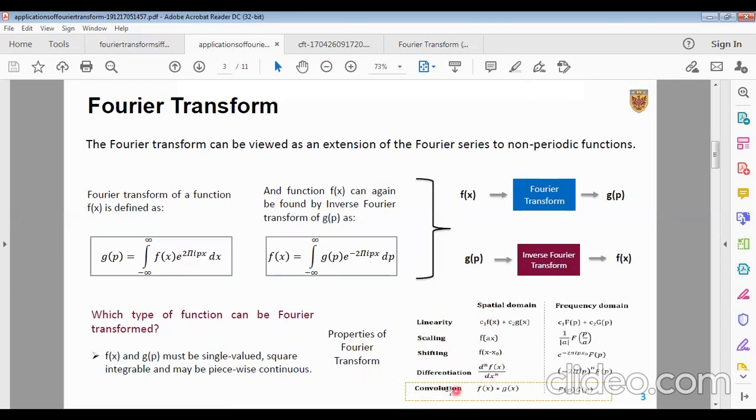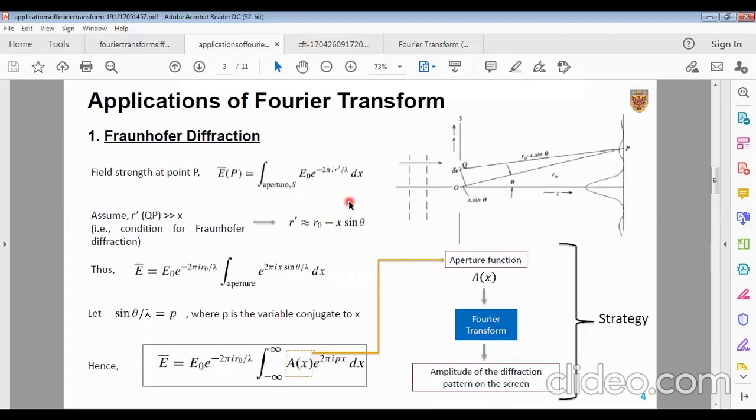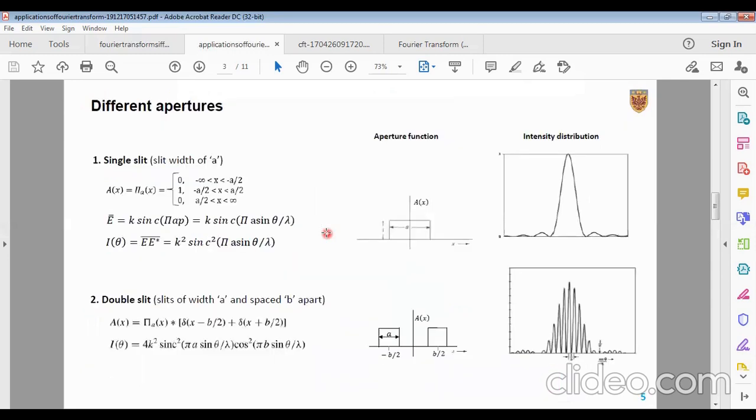We have to remember these five properties: linearity, scaling, shifting, differentiation, and convolution. And this is the application of Fourier transform to a waveform. Fraunhofer diffraction is one important application of Fourier transform.